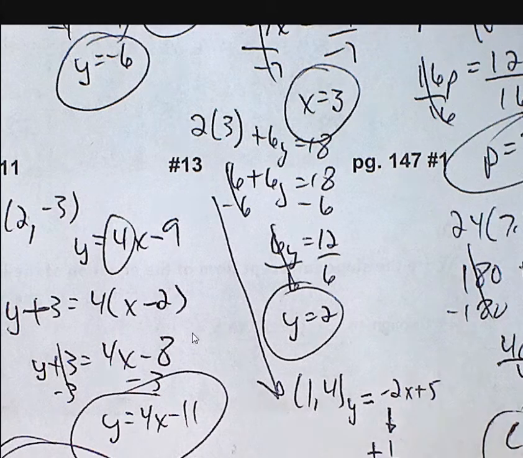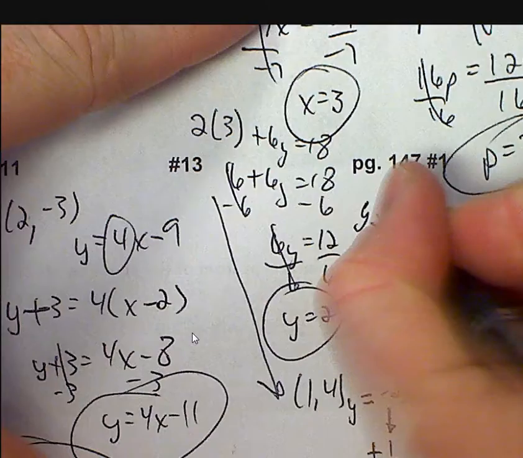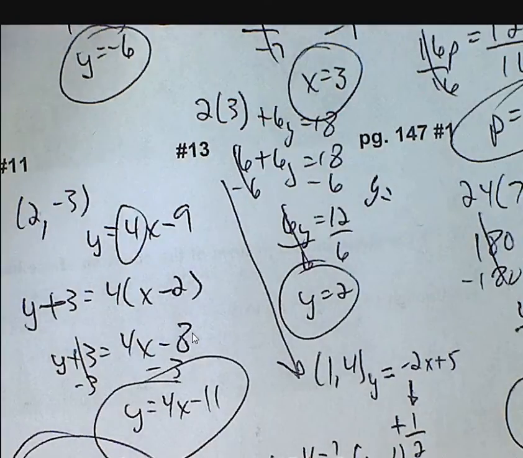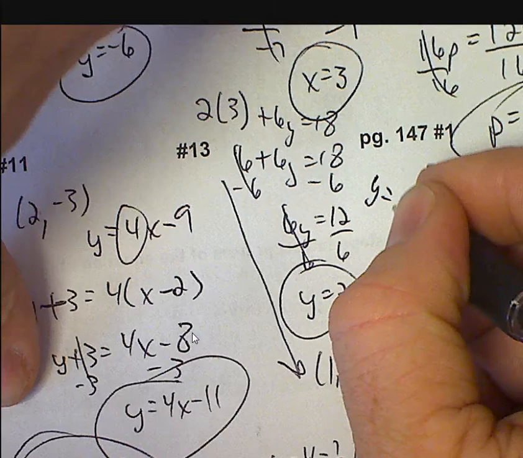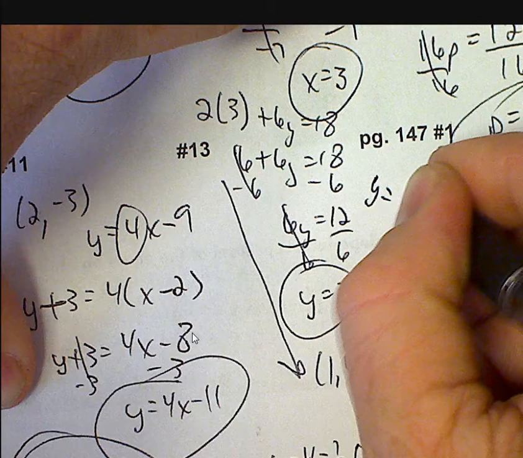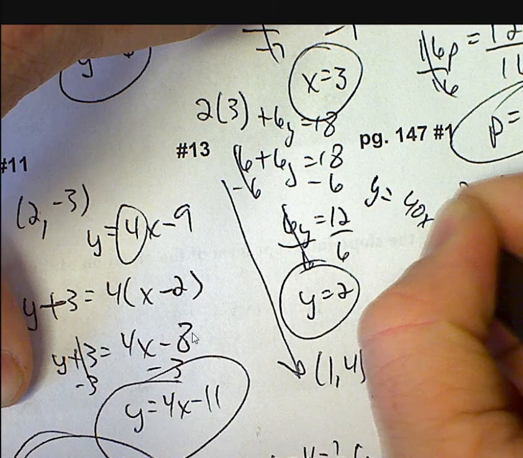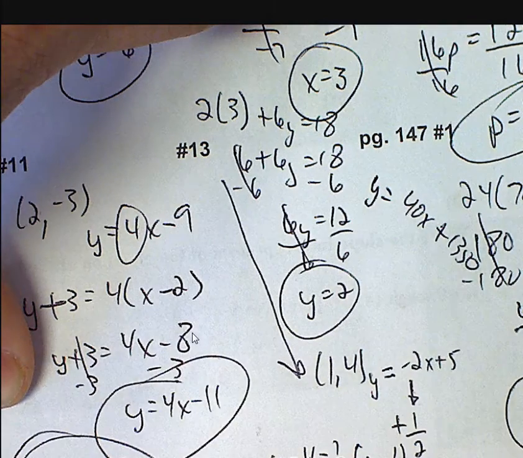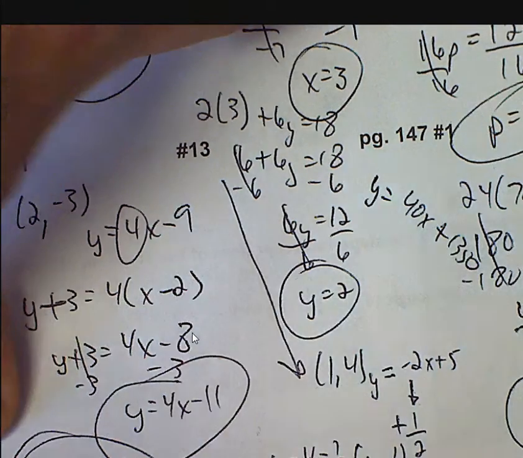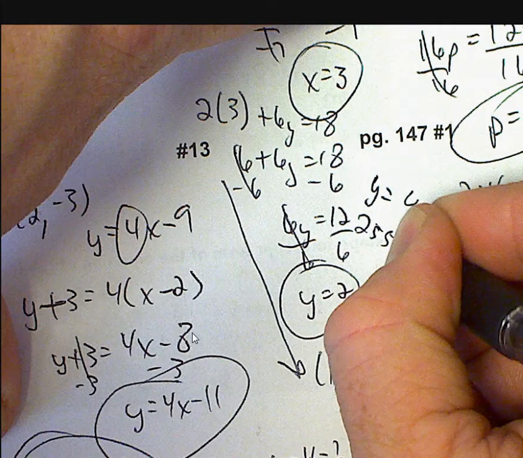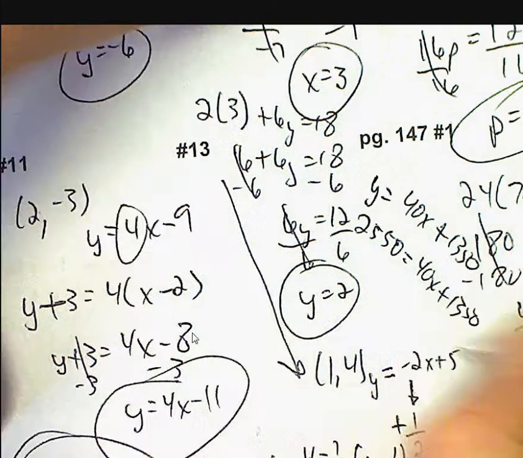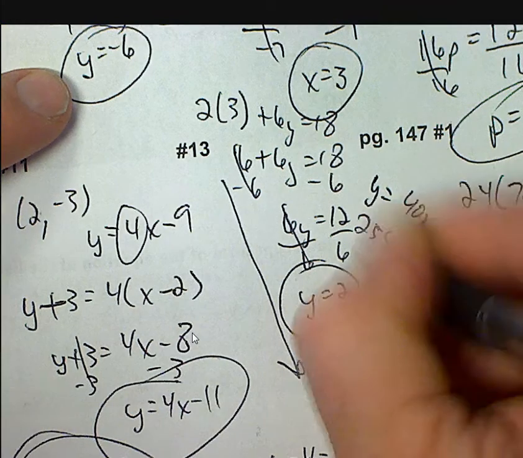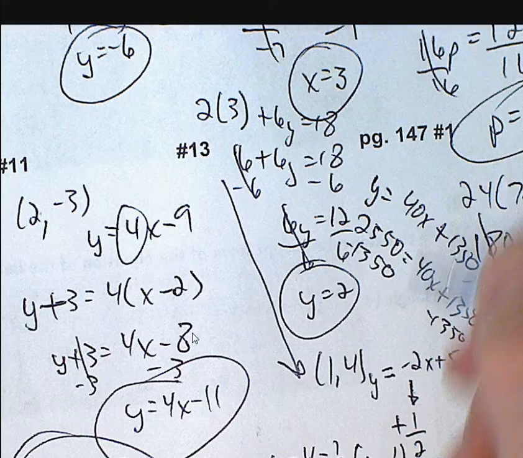So my equation would be y equals 40x plus 1350, and he wants 2,550, so 2,550 equals 40x plus 1350. Minus 1350, minus 1350.